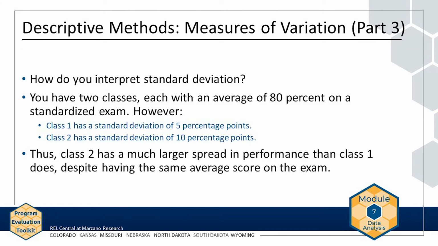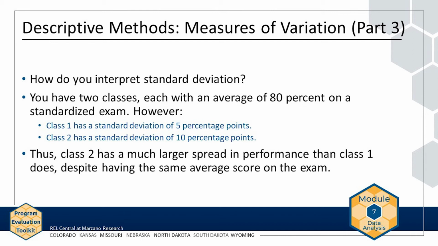How do you interpret standard deviation? It is helpful to think of standard deviation as indicating how far observations are, on average, from the mean. Standard deviation is in the same units, such as percentage points, as the measure itself. Let's say you have two classes, each with an average of 80% on a standardized exam.